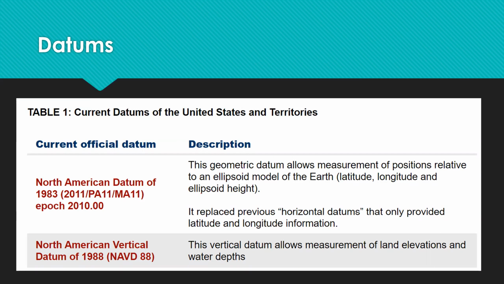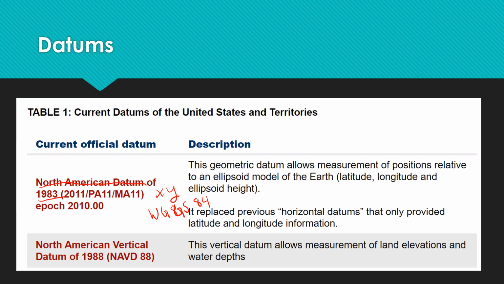Okay, so we talked about datums and horizontal datums. The North American Datum 83 gives us our X and Y horizontal frame of reference. WGS 84 is also a datum that we use for latitude and longitude.